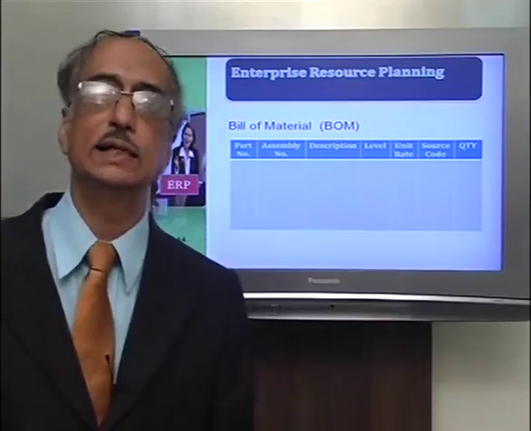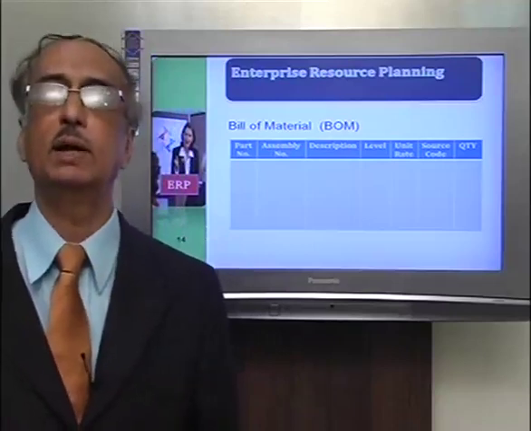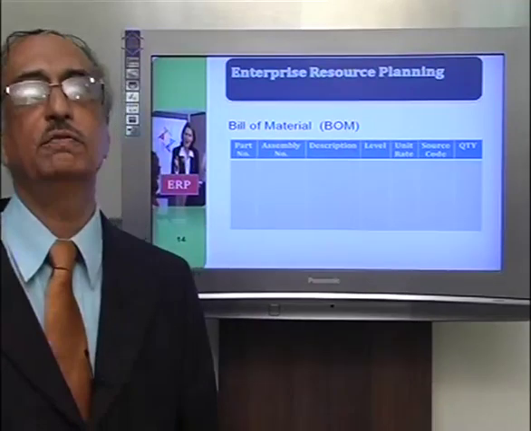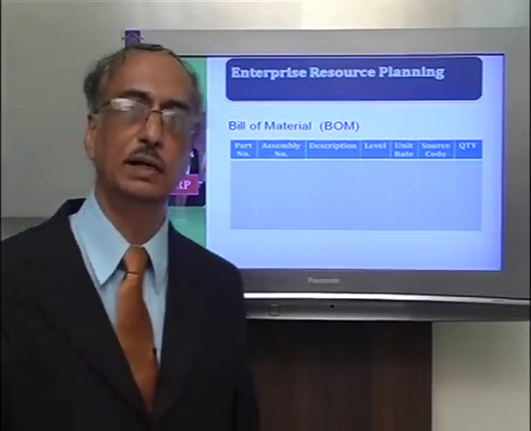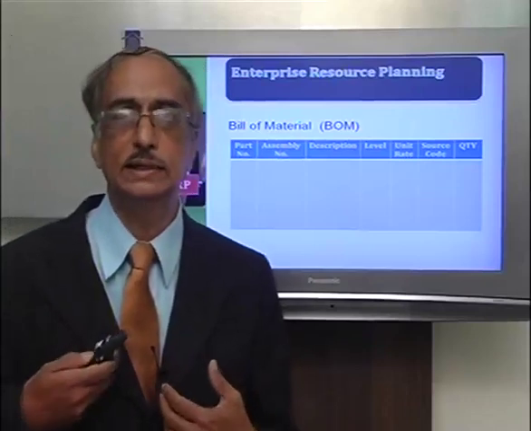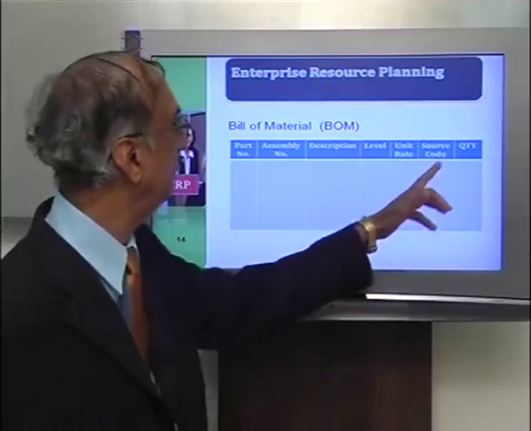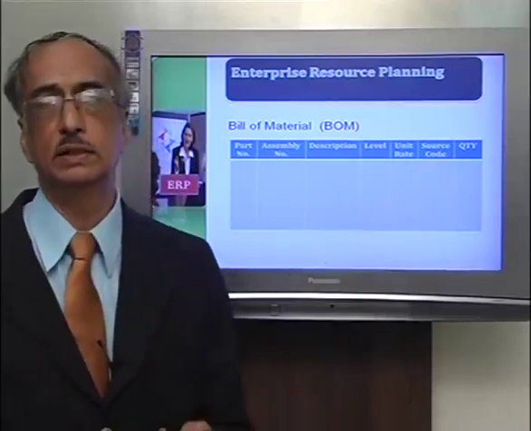We call it a master because all the list of parts is listed in this particular table. The unit cost is given in it, and based on this, it prepares the quotation and sends it to the customer.